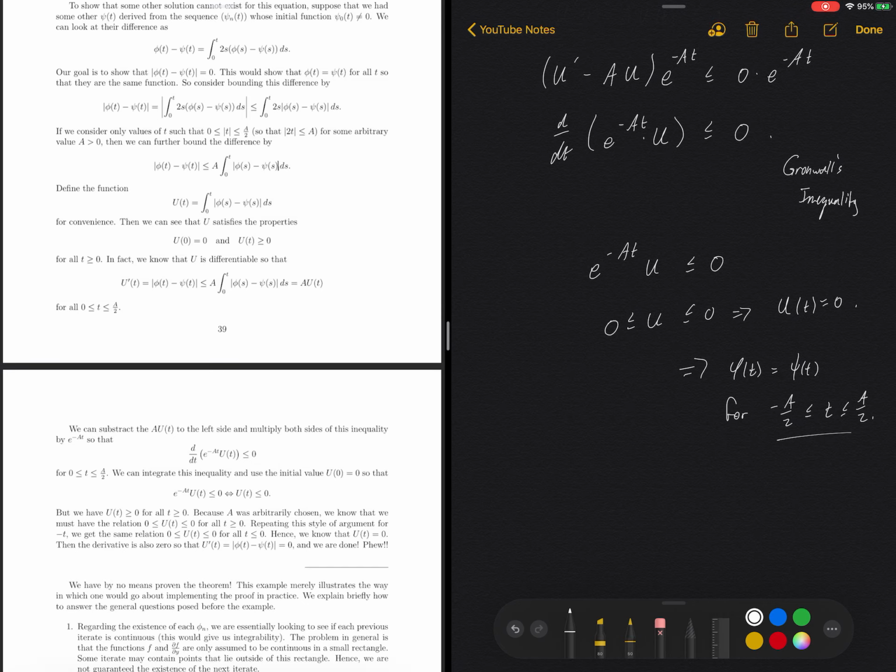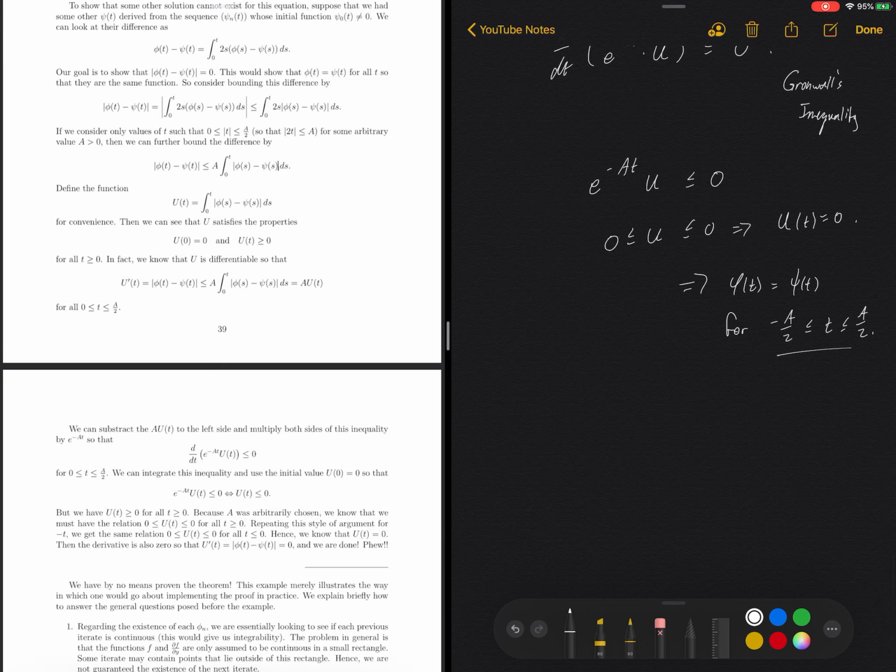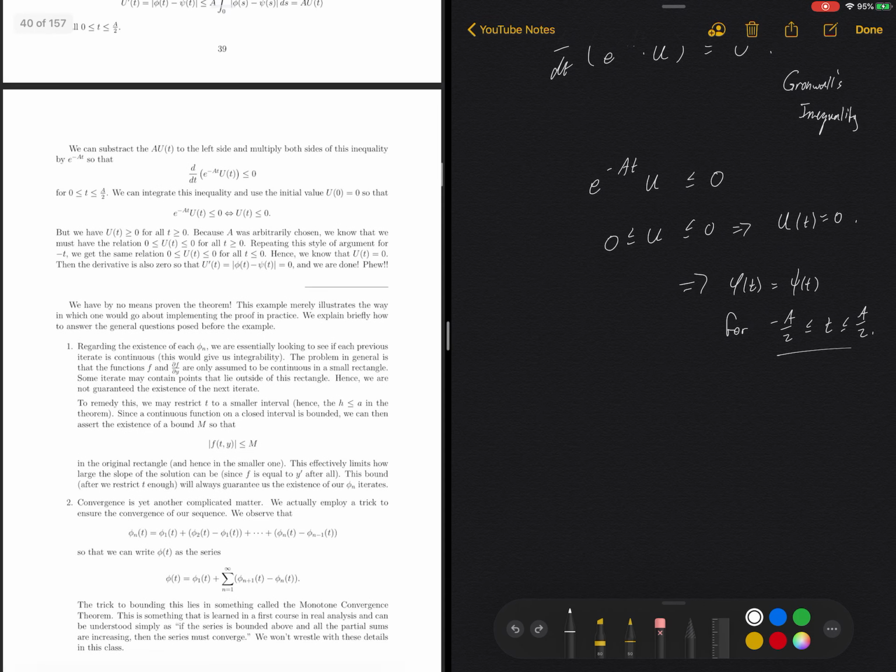And this is the flexibility in the epsilon that we had in our alpha and beta from the original nonlinear existence and uniqueness theorem, right? Because a was arbitrarily chosen, we can take this a out to however long we want. So a could be a very, very large number, but this same inequality is going to hold. Therefore, u will actually have to be 0 over whatever interval of t we want. Therefore, phi and psi are the same function.